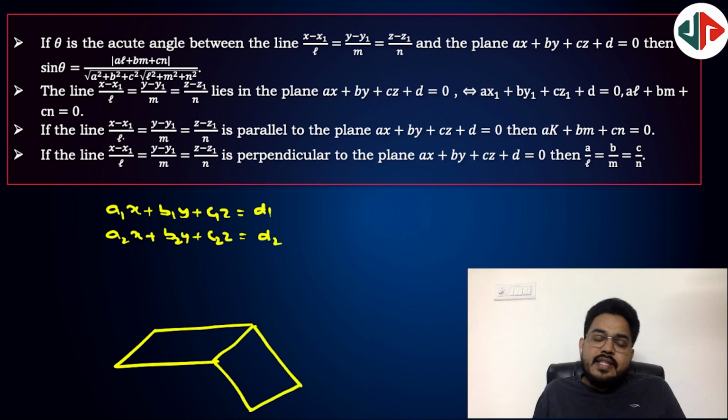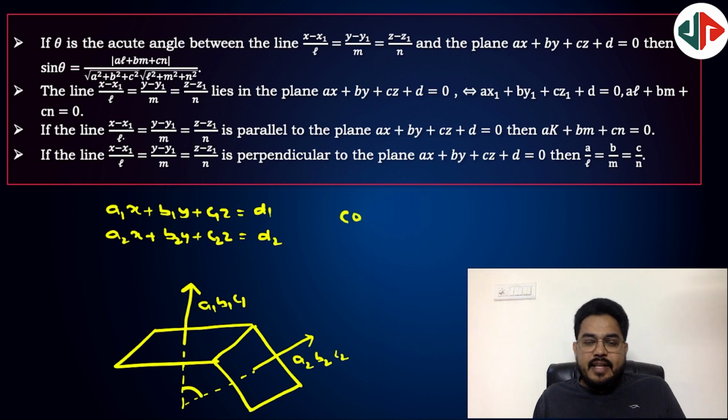So in this case, the DRs of this normal are A1, B1, C1. DRs of this normal are A2, B2, C2. The angle between the planes is denoted by the angle between their normals only.